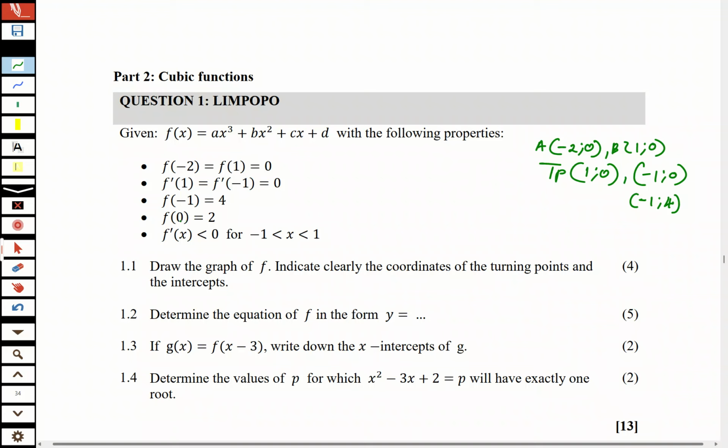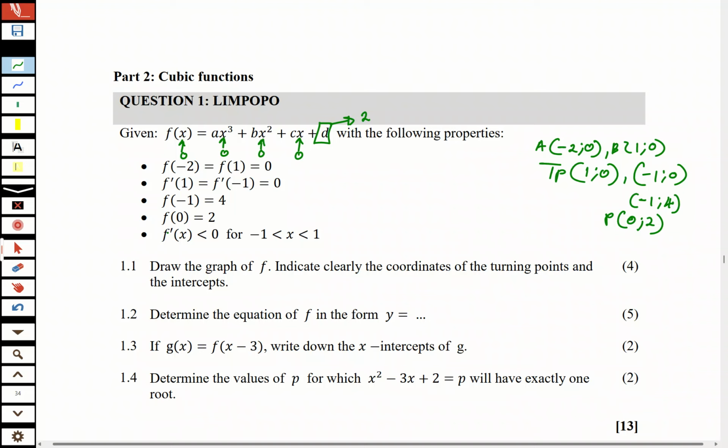We let x be 0 in our original function. Whenever you replace everywhere there is x with 0, you're just going to have a constant, which I have already explained. So it means d is 2. You can say this is the point (0; 2), and this is where your function is going to cut the y-axis.